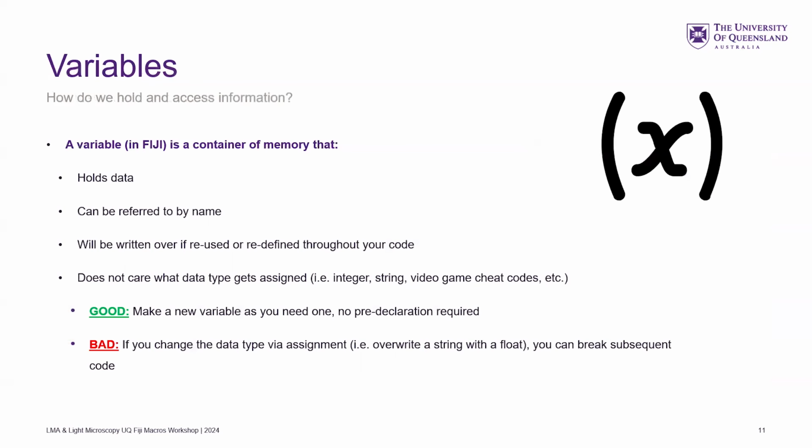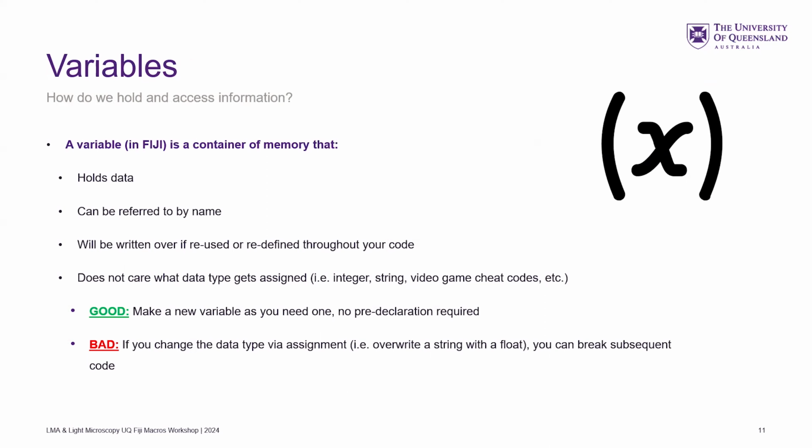A variable in Fiji is a container that we use to hold information that we can then access elsewhere in the program. It could be referred to by name. So you could say number of nuclei is 5.